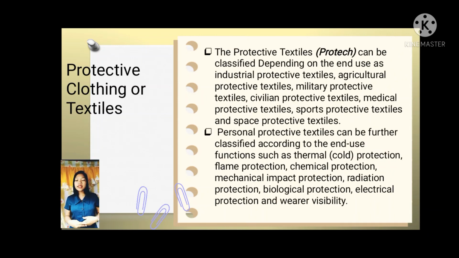Protective textiles or ProTech can be classified depending on the use as industrial, agricultural, military, civilian, medical, sports, and space protective textiles. Personal protective textiles can be classified according to their functions such as thermal or cold, flame, chemical, mechanical impact, radiation, biological, electrical, and wearer visibility.